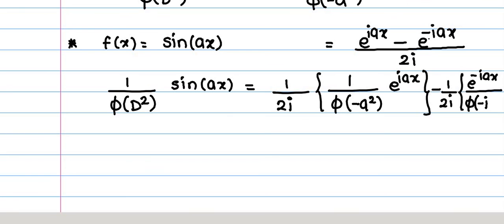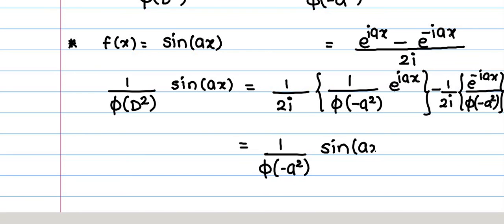So the square of minus ia will be, I square is minus 1, into a square. So we can take phi of minus a square common. So this will be phi of minus a square, and e raised to iax minus e raised to minus iax upon 2i is nothing but sin ax.